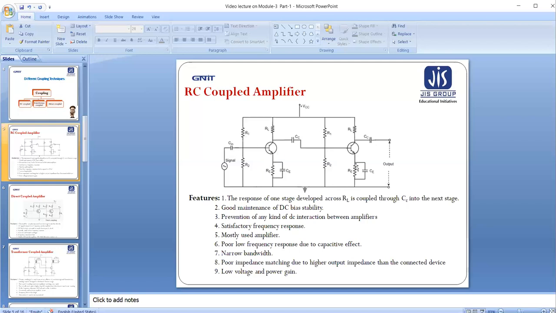But if we change this transistor Q point, then there is a mismatch between the output and its input, because we had learned from our module 2 that the signal will be amplified on the basis of the Q point.